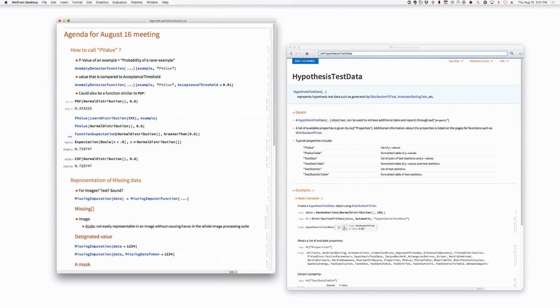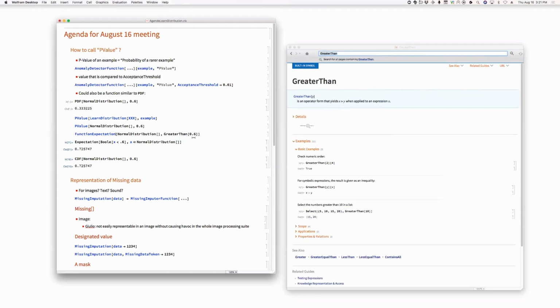It's not exactly the CDF, because this could be any function I want. The greater than is just one example. This is the same as asking for the expectation of that function applied to x, with x distributed normally. That's not what we need for p-value. Again, p-value is an integration of the region that has a PDF lower than the PDF of 0.6. Right, but if you compute expectation, you integrate with respect to the PDF.